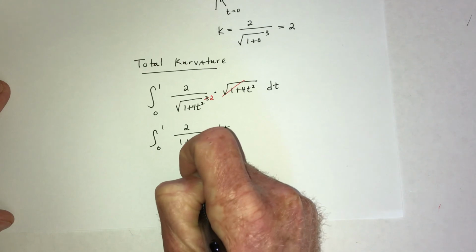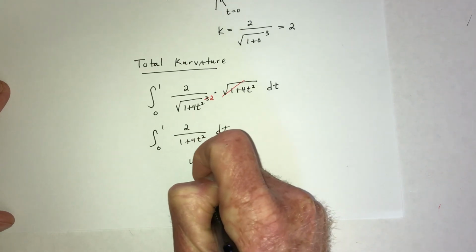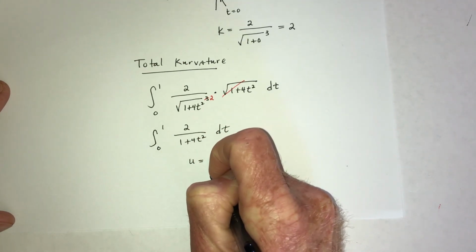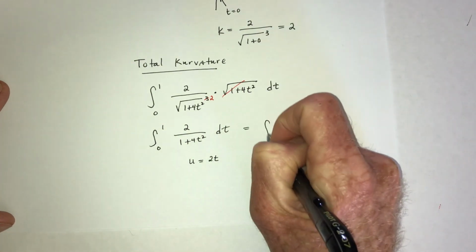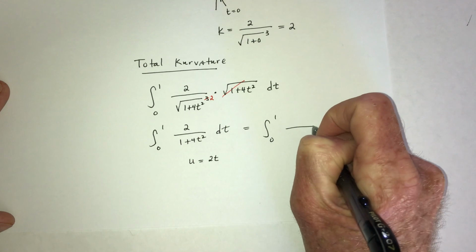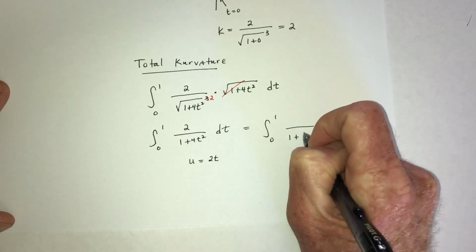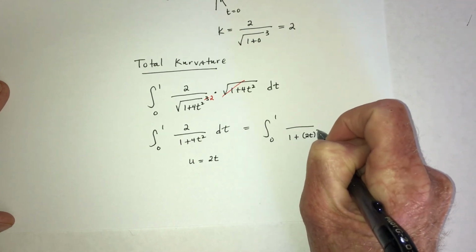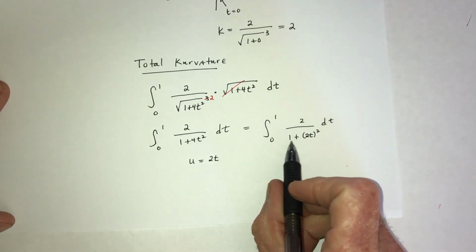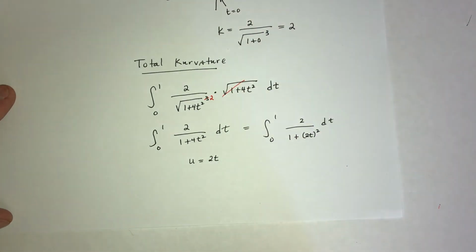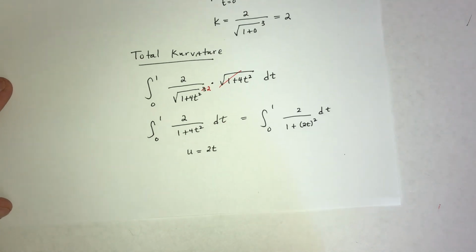So you could use u substitution, let u equal 2t. Because the way that I'm viewing this one, what my brain says is you've got 1 plus a 2t being squared. Because that way, 1 plus something squared in the denominator, that's probably tangent inverse.